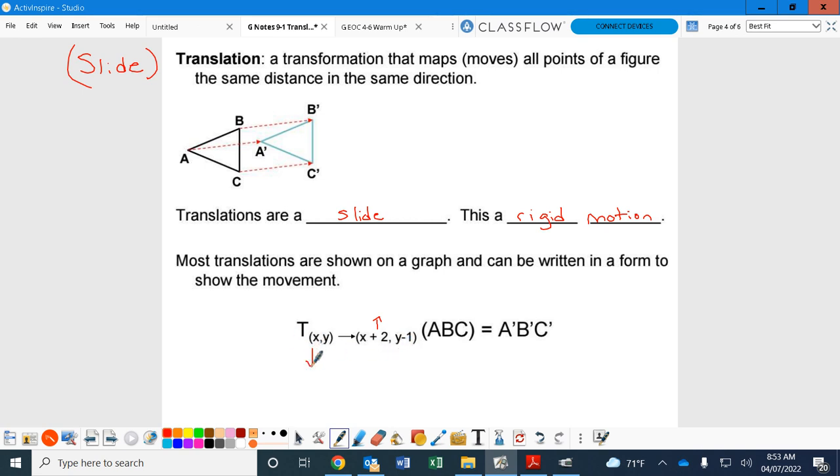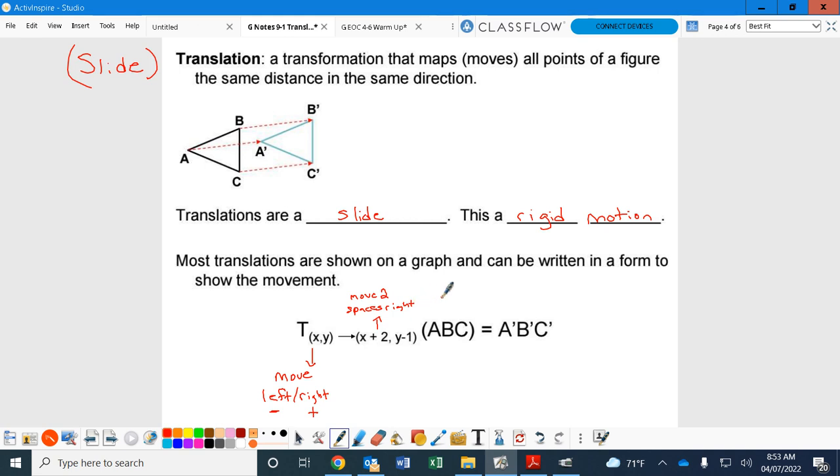What way does x move? Left to right. That is exactly right. Left to right, side to side. Guys, if x is negative, you go to the left. If x is positive, you go to the right. So when you're adding 2, you are going to move 2 spaces to the right. That is exactly correct.